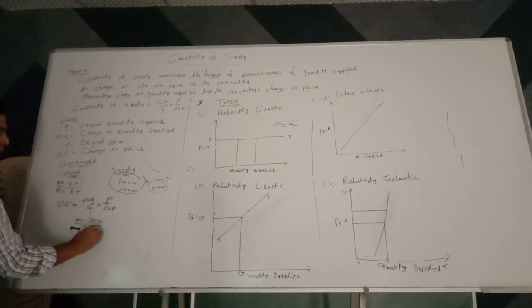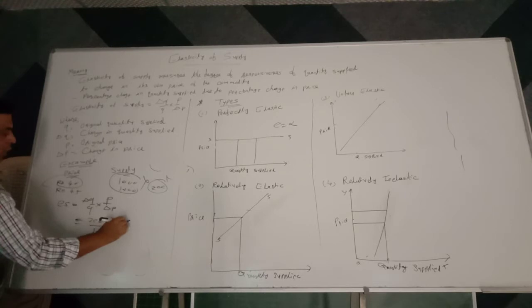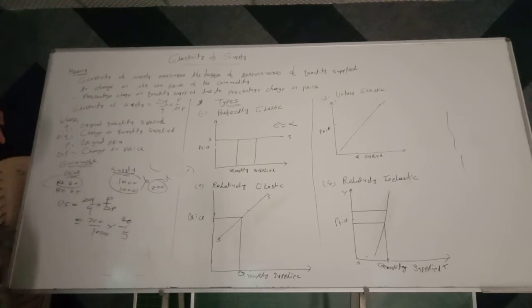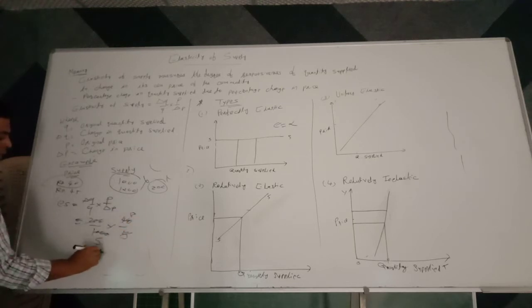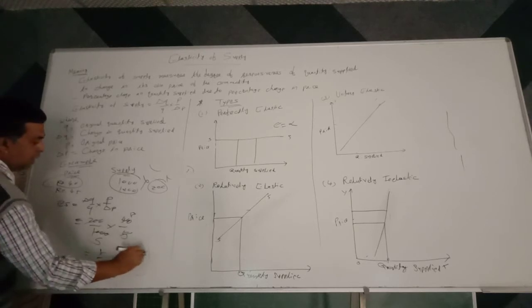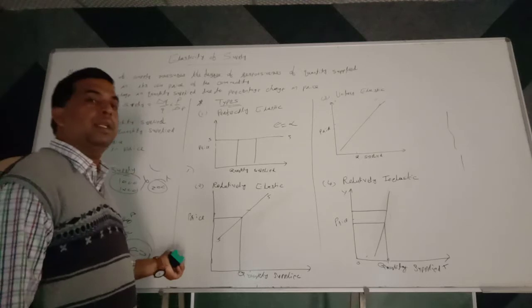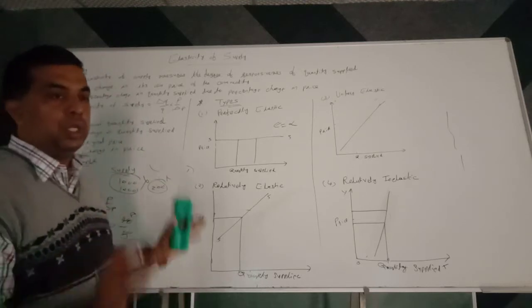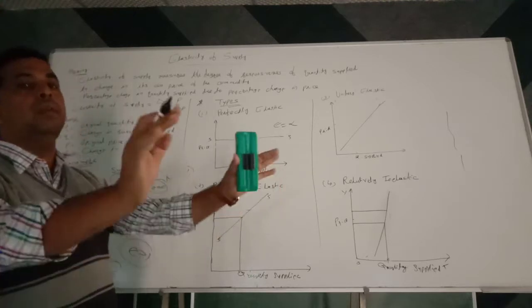Original quantity supplied is 1000, original price is 40, change in price is 5. So 200 upon 1000 into 40 upon 5 gives 8 upon 5, which is 1.6. So elasticity is greater than 1. This is the case where proportionate change in quantity supplied is greater than proportionate change in price.